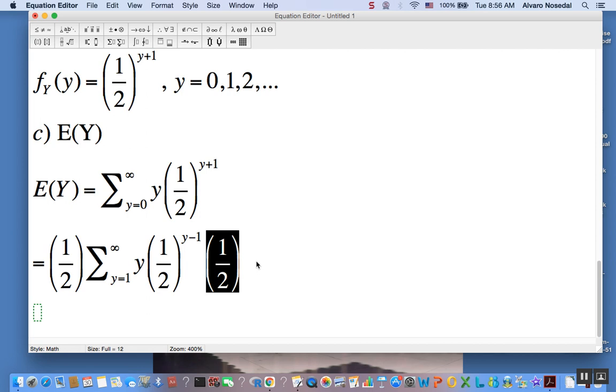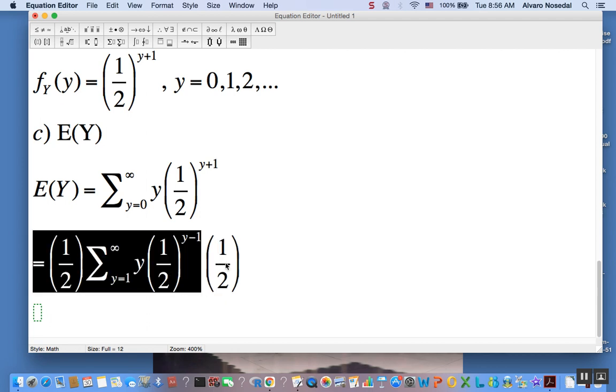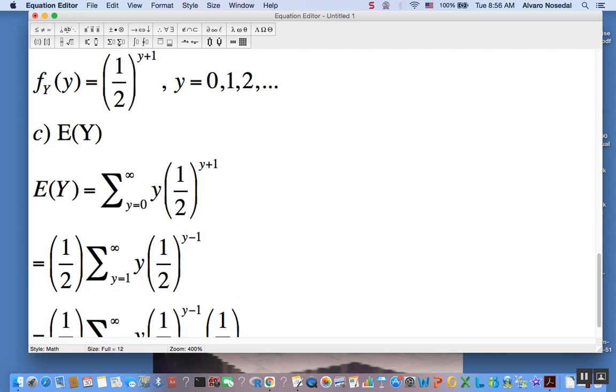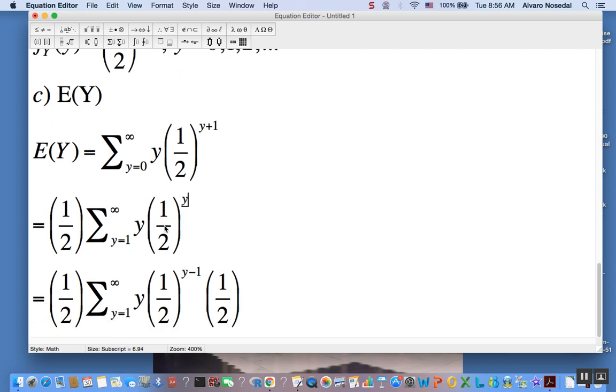Agreed? Okay, let me copy paste this. I'll place it here, and then I leave this here like that, just so you can see this step by step. 1/2 to the power y is the same as 1/2 to the power y minus 1 times 1/2, right?